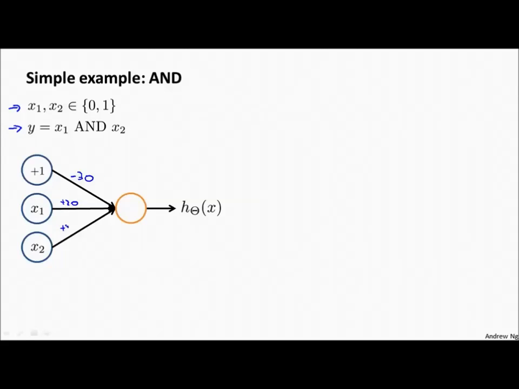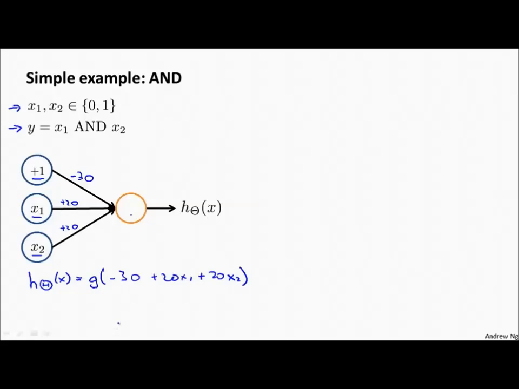+20, and +20. And what this means is that I'm assigning a value of -30 to the parameter associated with x0, the +1 going into this unit, a parameter value of +20 that multiplies into x1, and a value of +20 for the parameter that multiplies into x2. So concretely, this is saying that my hypothesis h of x is equal to g of -30 plus 20x1 plus 20x2.